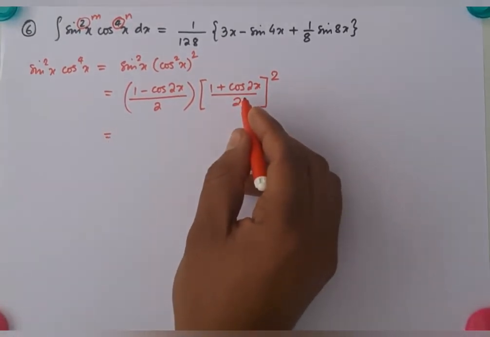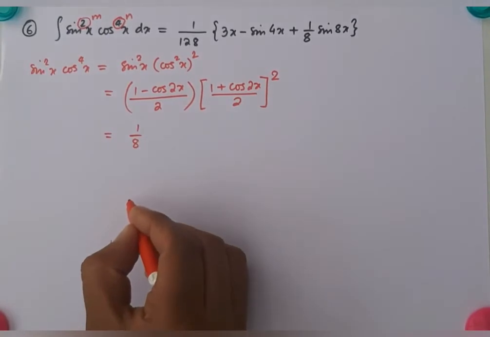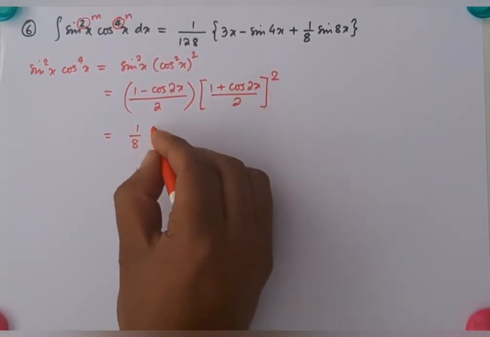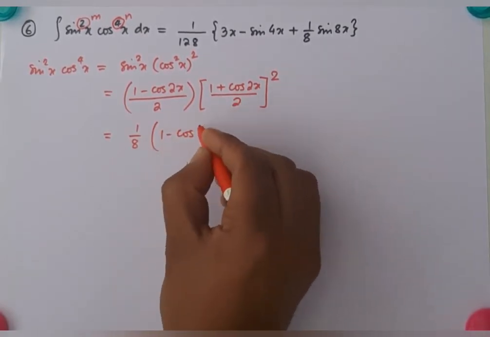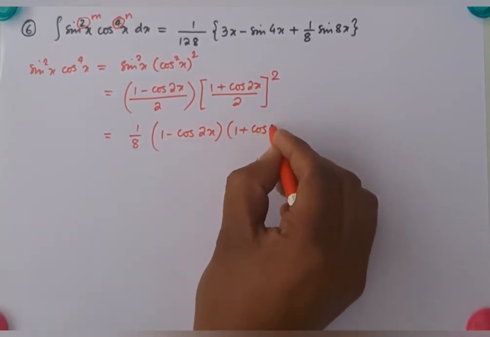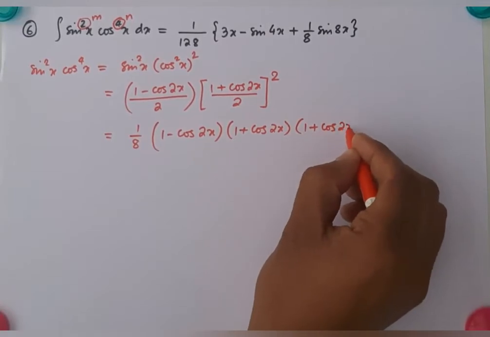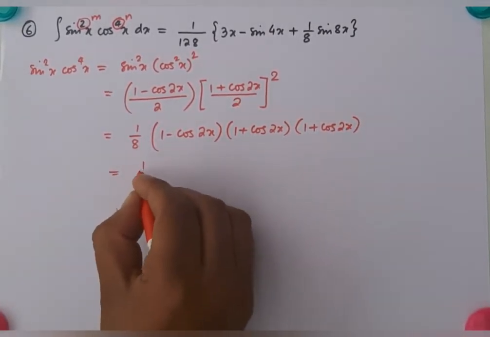Okay, so what you can do here is you can write this as 1 by 8. See here carefully. Now can I write this as (1 minus cos 2x) into (1 plus cos 2x) into (1 plus cos 2x)? Can I do that? Yes, I can do that also, right? So all of you know that this is 1 by 8.